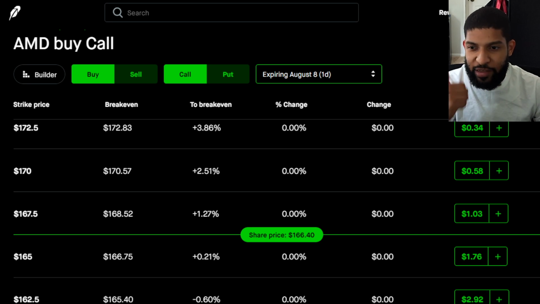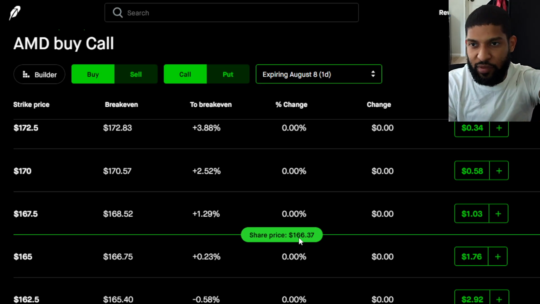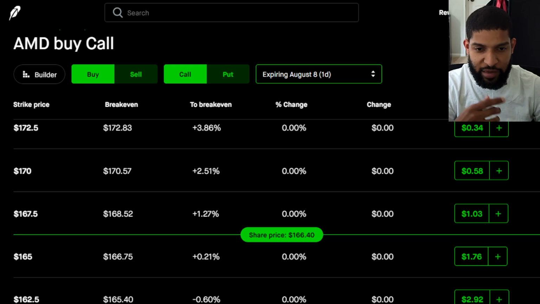Because remember, you're buying a call, and the share price is already past the strike price of 160. Now the share price is 166, so it already blew past the strike price. So if you were to buy this 160 contract at $450 per contract, you'd essentially already be in the money.